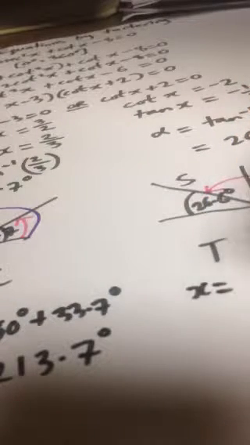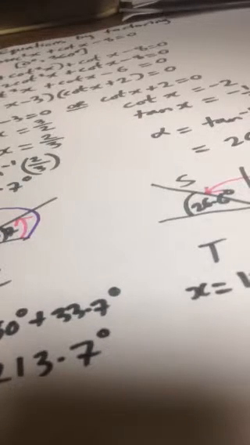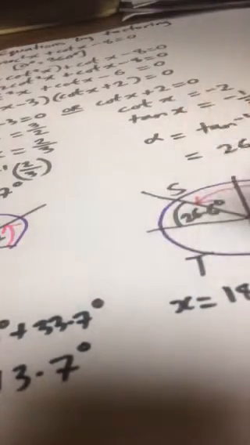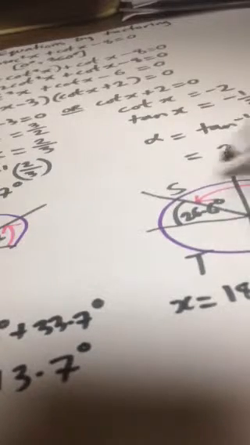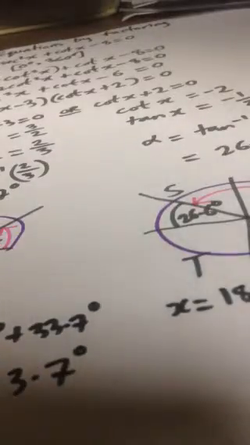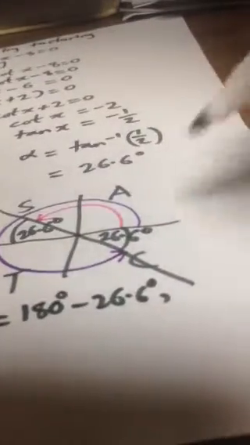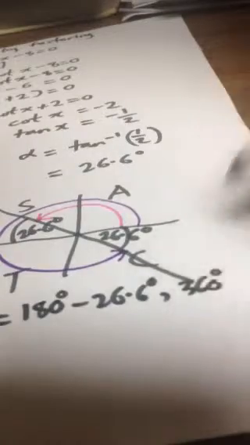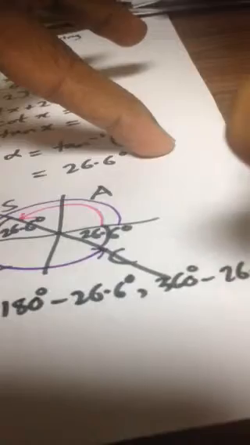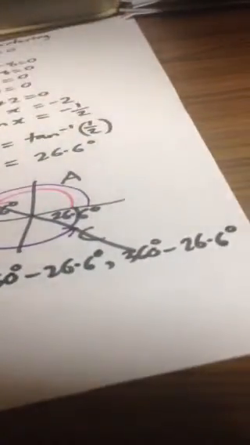X is equal to 180 minus 26.6 degrees, and in the fourth quadrant, x is equal to 360 minus alpha, 360 minus 26.6 degrees.